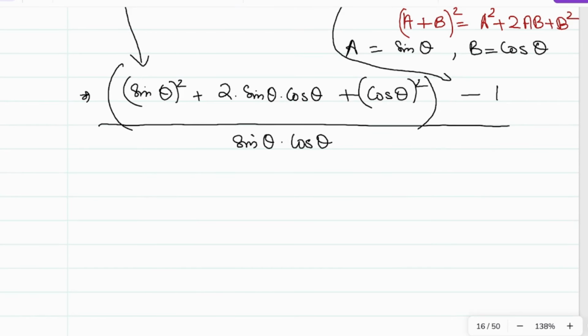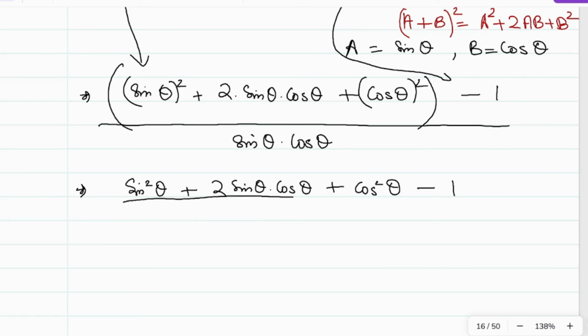After that, I need to expand these whole things. I need to remove the bracket, which means opening the bracket and solving it. Sin theta the whole square means sin square theta plus 2 sin theta cos theta plus cos square theta minus 1, divided by sin theta cos theta.